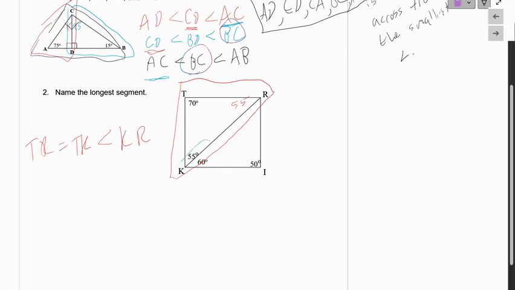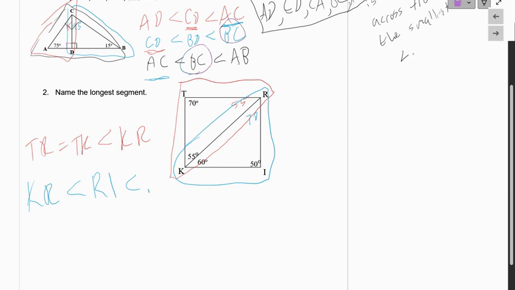Then if I focus on the other triangle, KIR, here I know that's 50, that's 60, which means this has to be 70, which means KR is our smallest side, then it goes RI, and then KI.